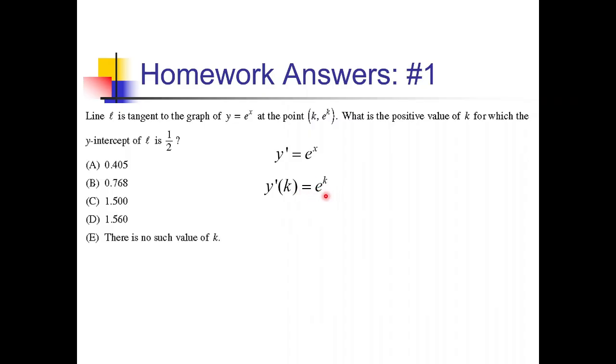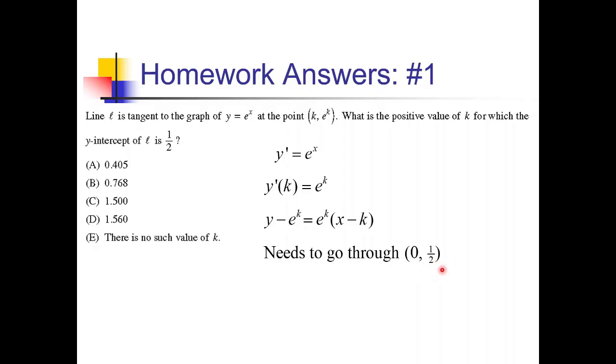So for my tangent line, I can write y minus the y value e to the k equals m, my slope, which is also e to the k, times x minus x1, and x1 in this case is just the x value of the point, which is k. All right, so what do we do now? Well, we need the y-intercept to be 1/2, which means that this line, whatever k is, needs to go through the point 0, 1/2.